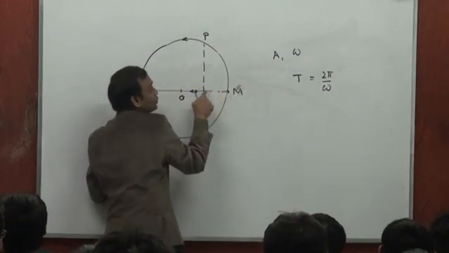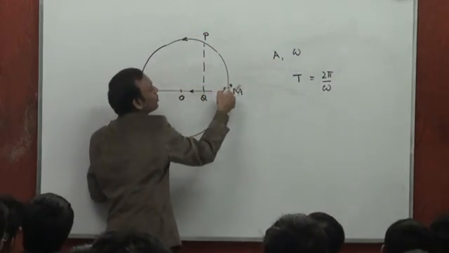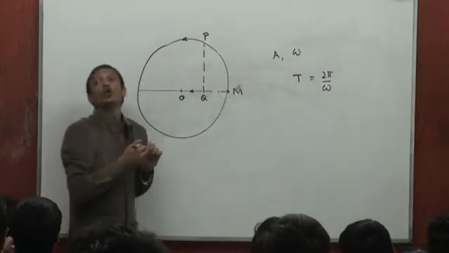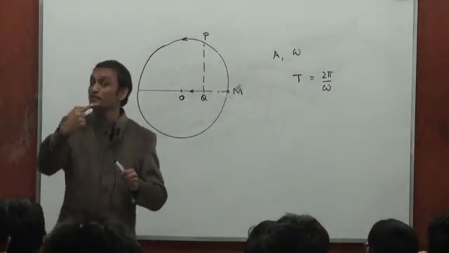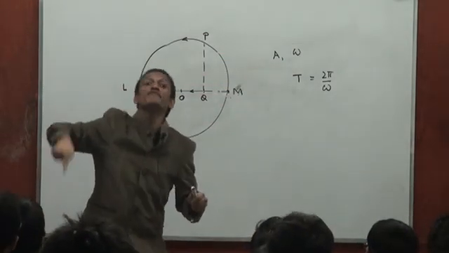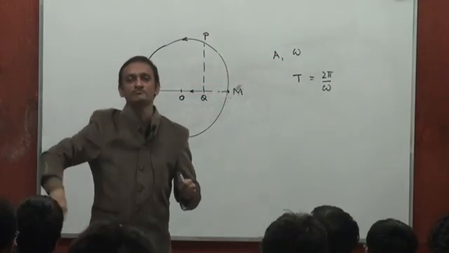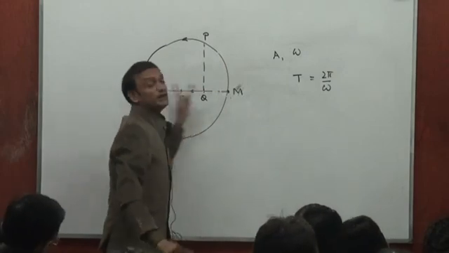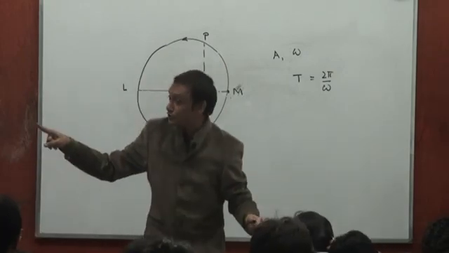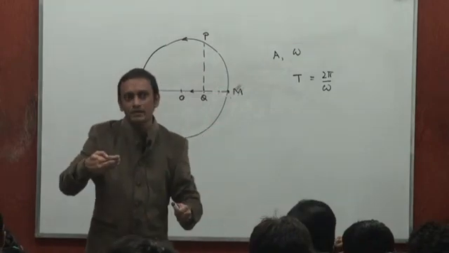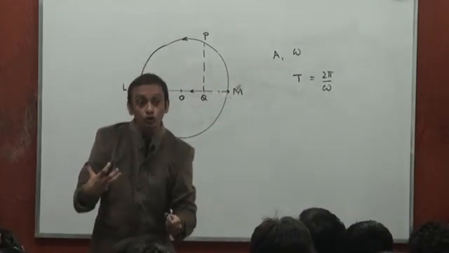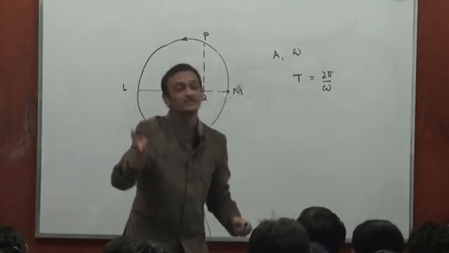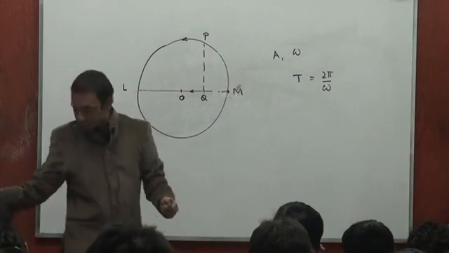And then from M to Q, when Q goes, P goes from M to this P. That means a full oscillation of Q is always about a full revolution of P. A full circle for P will be like a complete oscillation of Q. So there is a complete mapping between the state of motion of Q and position of P on the auxiliary circle as an auxiliary particle, right?